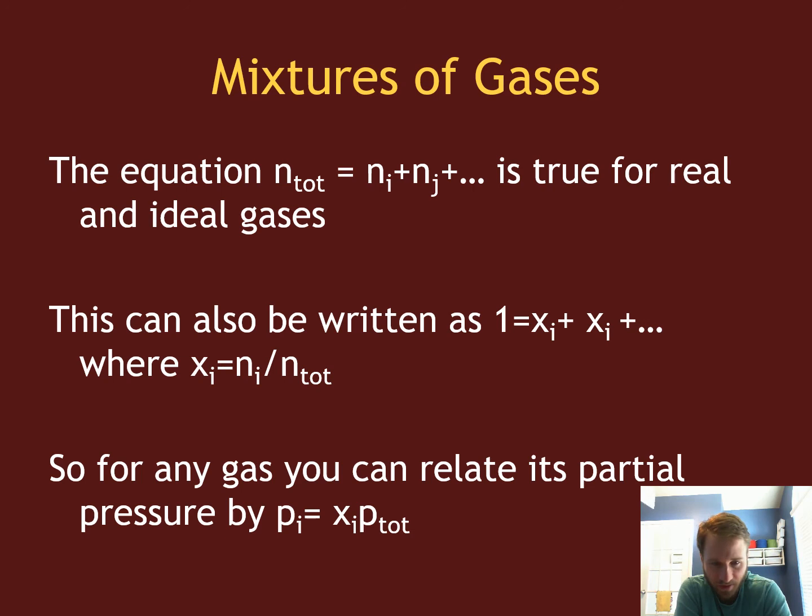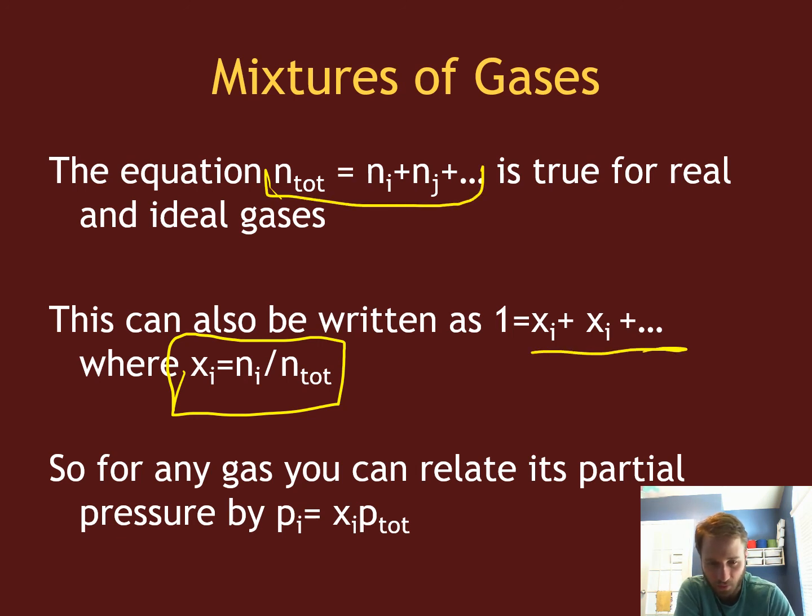I can rewrite that equation by dividing by the total number of moles and writing things in terms of mole fractions. Mole fraction, x_i here, is the number of moles of i divided by total number of moles. So divide this equation by n total, and you just get 1 equals the sum of all the different mole fractions.